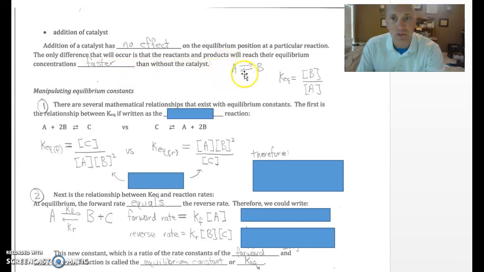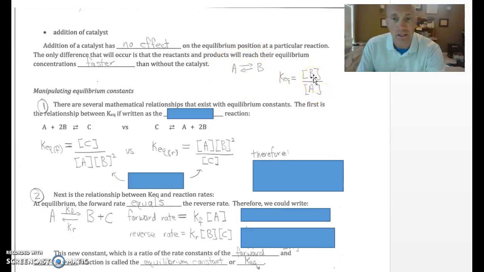So if you consider this generic reaction, let's pretend that we start off where we have all A and no B. We know that it eventually will get to an equilibrium, and we can write the equilibrium constant like this right here. If we do it without a catalyst, it will eventually get here.